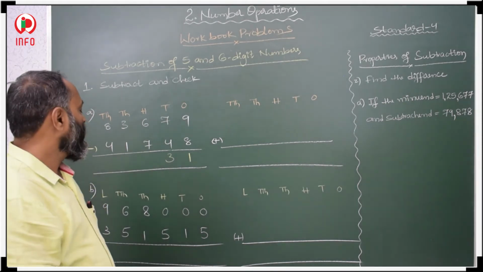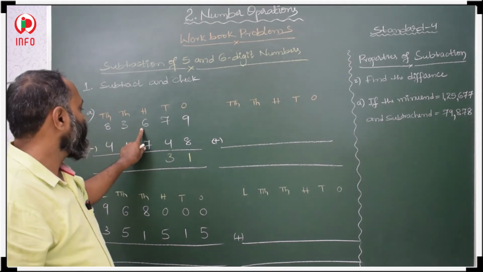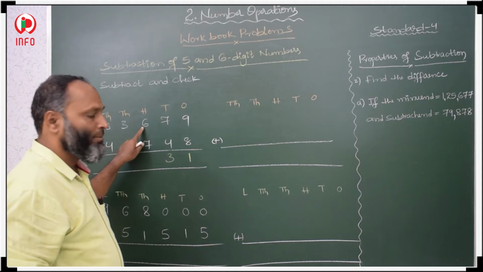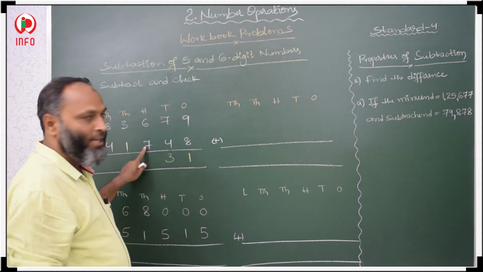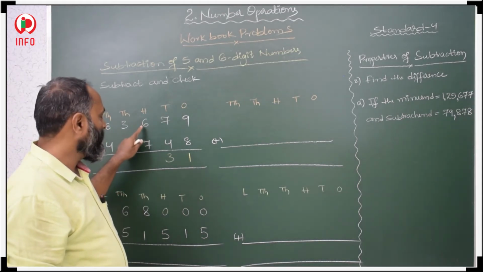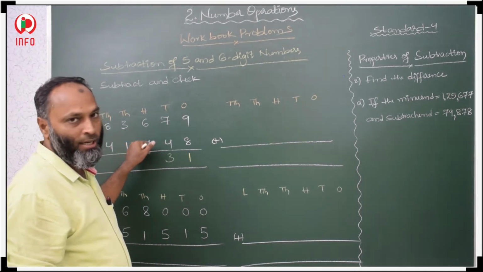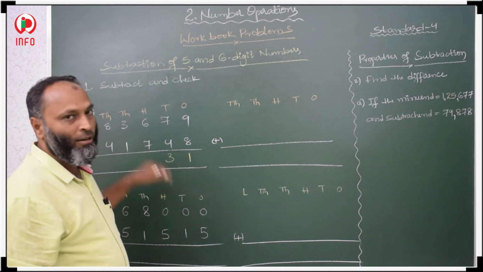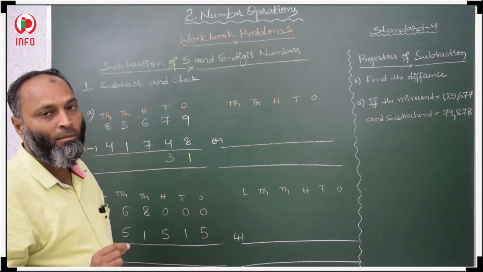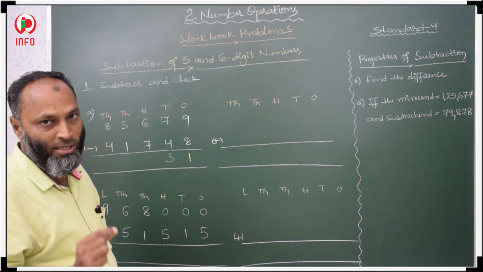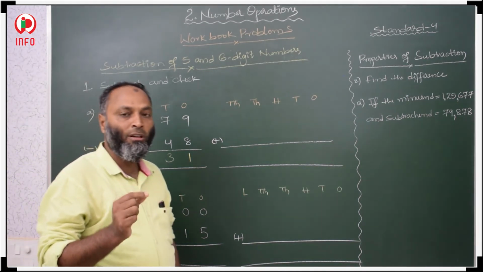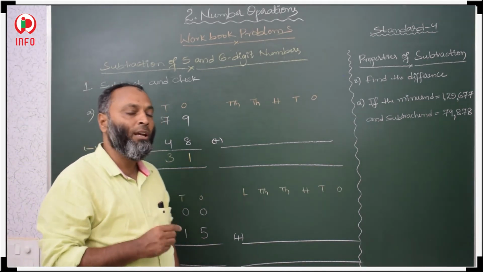Now here 6 and 7. 6 is the minuend and 7 is the subtrahend. Here the minuend is smaller than the subtrahend. Whenever the minuend is smaller, we have to take borrow.